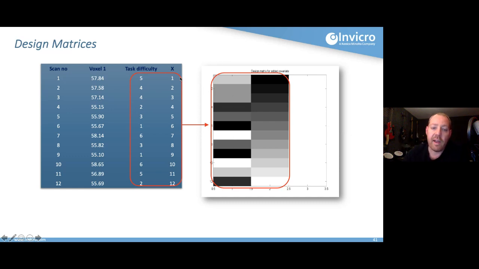And the extra variable that I've put in here, which I've called X, is just something that increases linearly across the set of 12 scans, going from black to white, as you can see. This is just a way of representing these things that's used in most of the imaging software that we use.